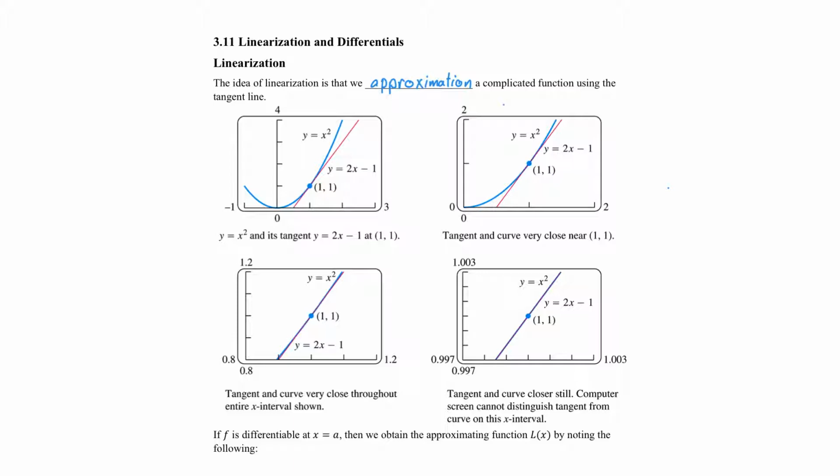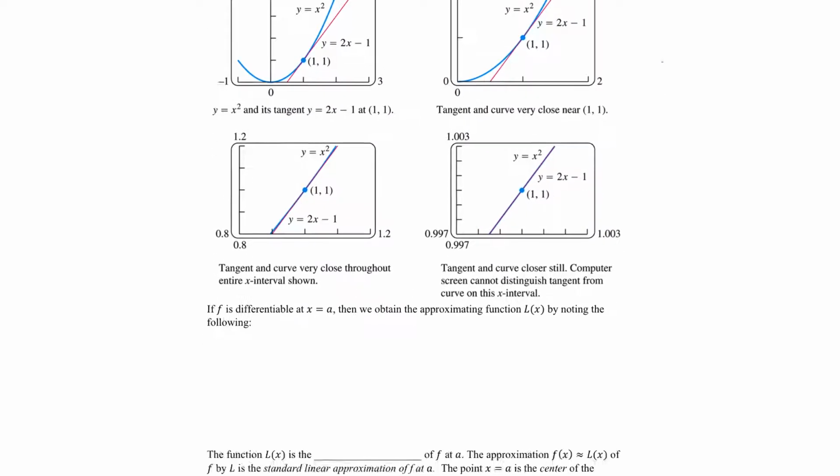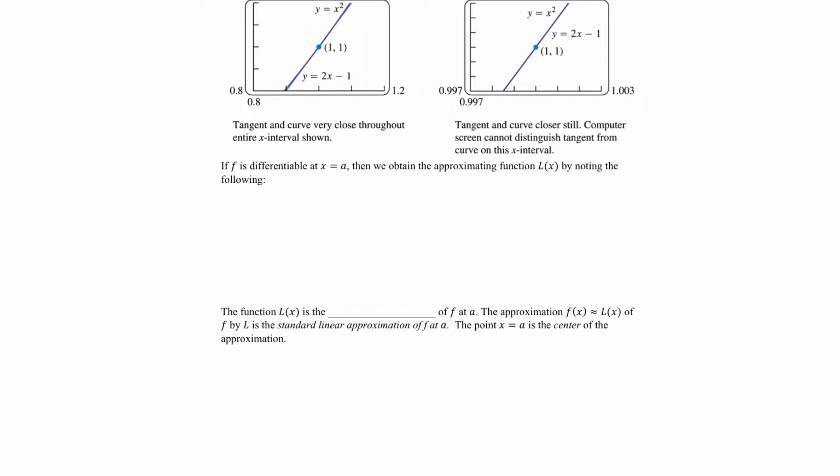So here's the idea. If f is a differentiable function at x equals a, we can obtain the approximating function L of x by simply noticing the following few things. Let's look at what it is to be a line.